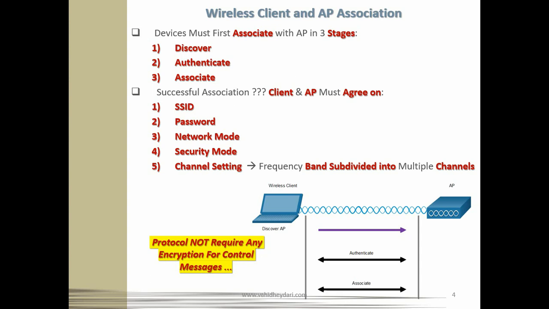Fifthly, very important, we have channel settings. I already talked about the frequency band in which 802.11 is operating, 2.4 or 5 gigahertz. That band is later subdivided into multiple channels, each allocated 22 megahertz bandwidth within the 2.4 gigahertz band, and separated from the next channel by a margin of 5 megahertz.